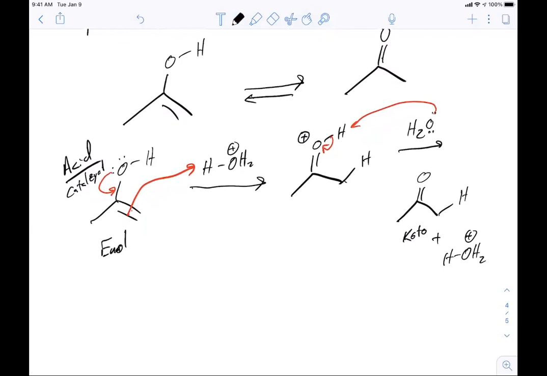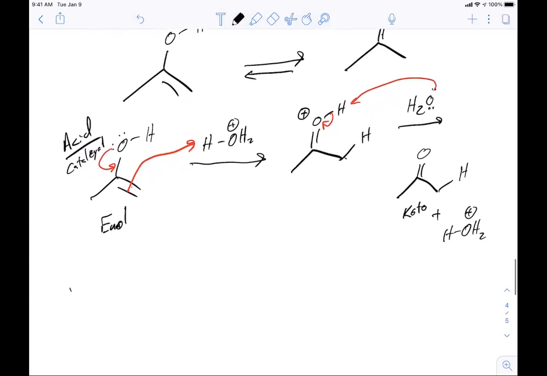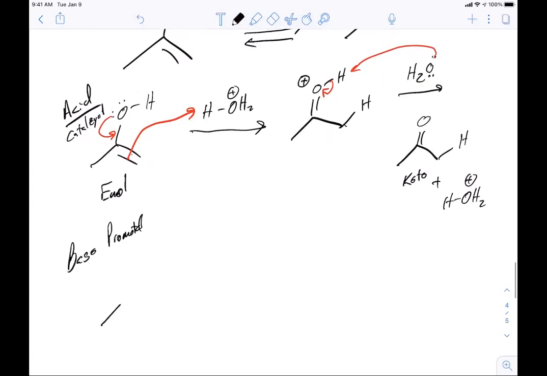Next semester, you'll also see the base promoted. So let's go ahead and go through that one. Again, starting with the enol, in this case, we have hydroxide. The hydroxide can pull the proton.